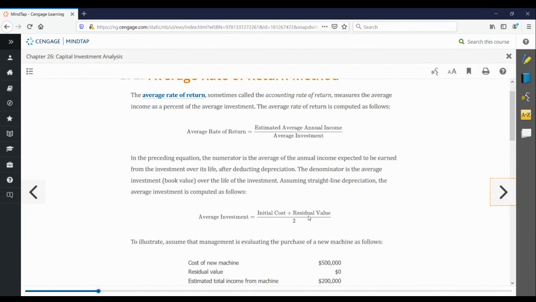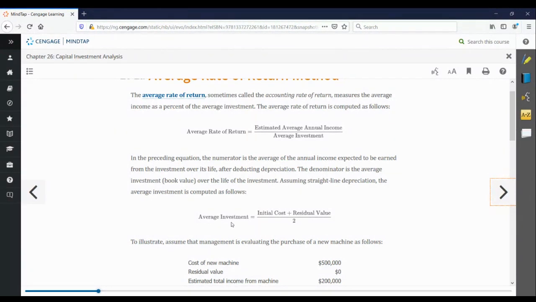You might remember from ACC 120 when we talked about calculating depreciation, we would need to determine the residual value. The residual value is the leftover amount of the asset after it's been fully depreciated. Sometimes we can refer to that as the scrap value, but in this chapter they're calling it residual value.